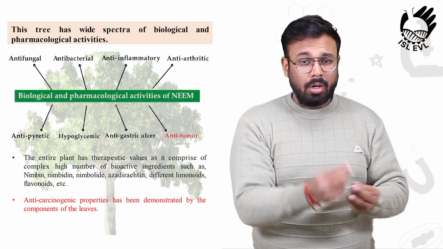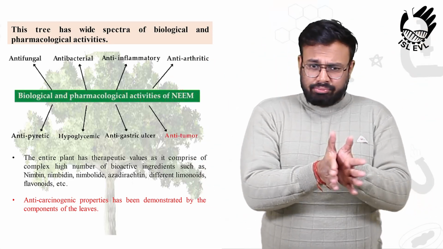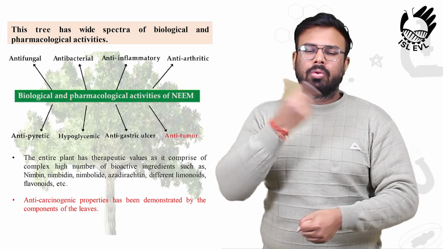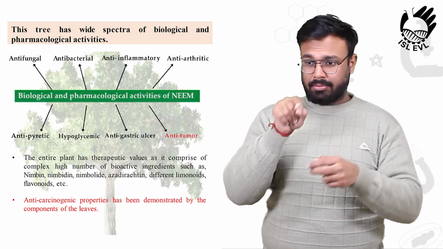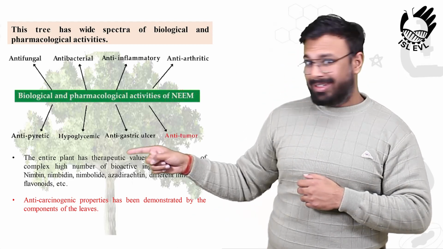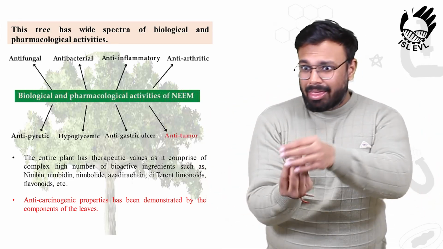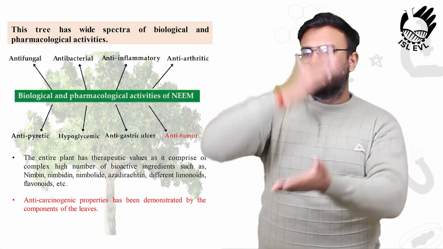The entire plant has therapeutic values as it comprises of a high number of complex bioactive ingredients such as nimbine, nimbidine, nimbolide, etc. Anti-carcinogenic properties have been demonstrated by the components of the leaves.